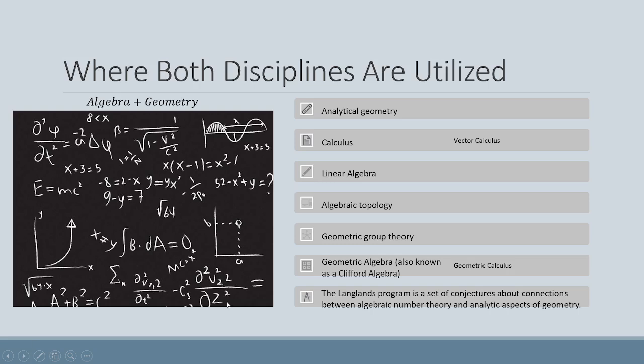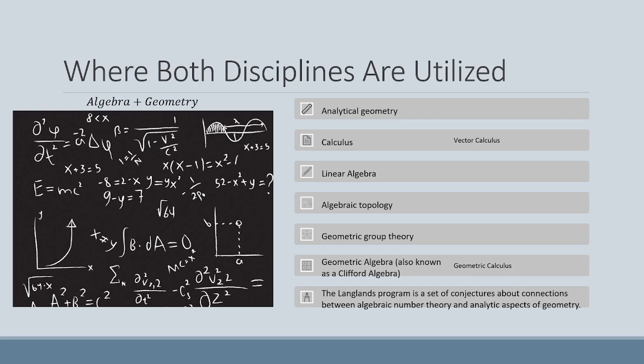So, some ways in which we can see algebra and geometry already being utilized as a merger and where they are melded together is first analytic geometry, which is blending algebraic and geometric techniques by representing geometric shapes through equations.